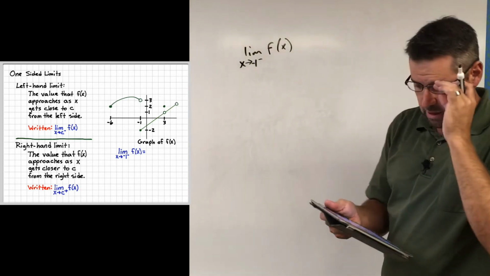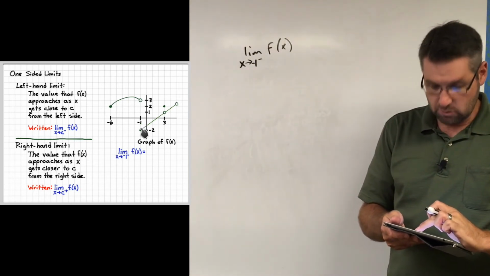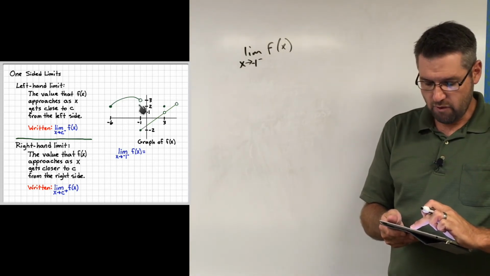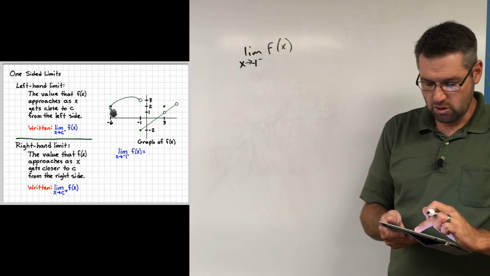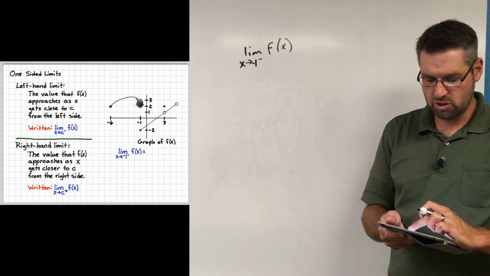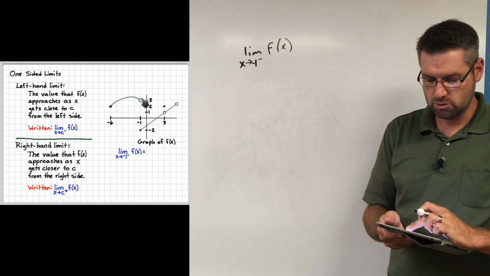So looking at the lesson here, let's take a look. We're looking at x equals negative 1, and we're trying to approach the x value from the left-hand side. So if I move my cursor from the left to the right, what do we see? What do we see the function approaching? Well, we see that it's getting closer and closer to this value.